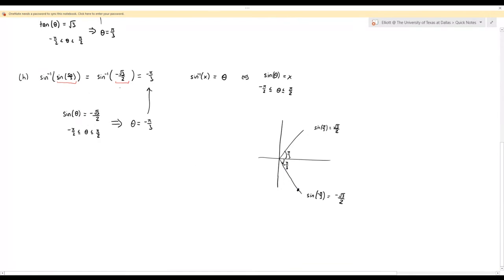The reason why the answer is not 5 pi over 3 though is because of this range restriction on the angle for the inverse sine. Inverse sine has to give an angle in this range. The problem with 5 pi over 3 is that it is actually not in this range. And that's why that would not have been the correct answer.